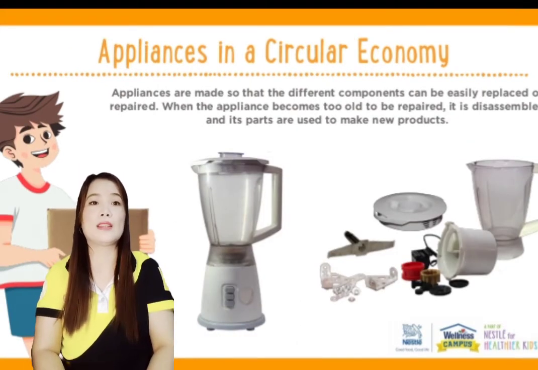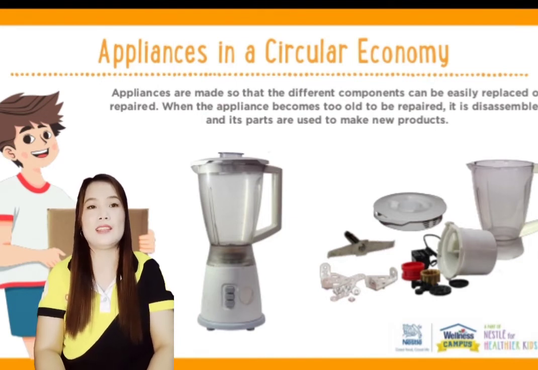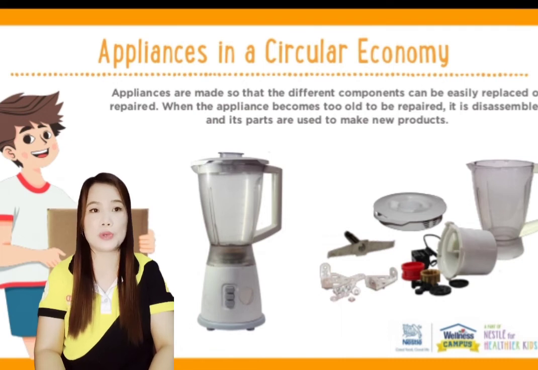Let's look at one last example. These are household appliances. In a linear economy, these appliances would most likely end up in a garbage dump once their parts become too rusted and too worn out to be repaired. In a circular economy, the manufacturer would do things differently. They would make sure that the different components can be easily replaced or repaired.